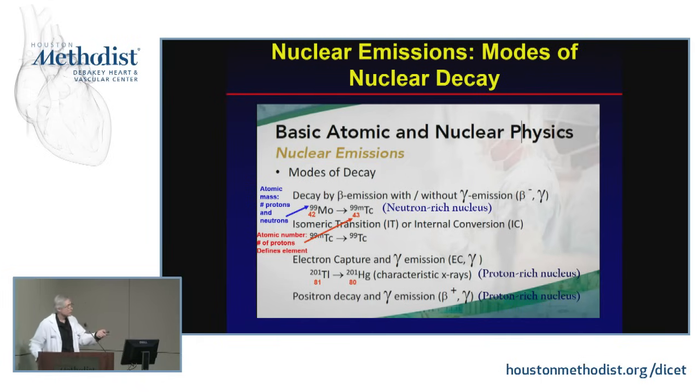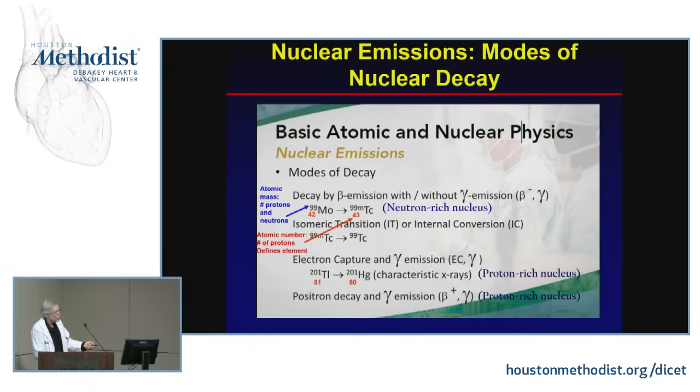So this is one way of having decay. Another is isomeric transition, which is really just a change from an unsteady state to a steady state. You have electron capture, where the nucleus captures an electron, and so you go from a proton-rich nucleus to now a neutron. And so you can see here that you've actually lost a proton.